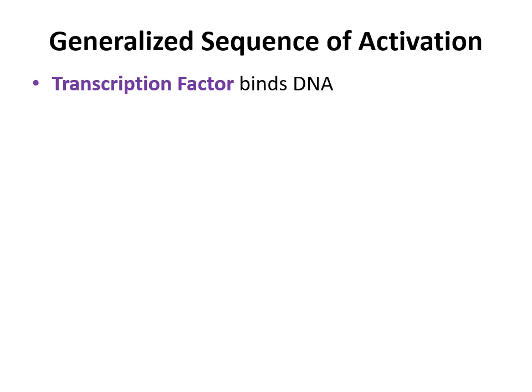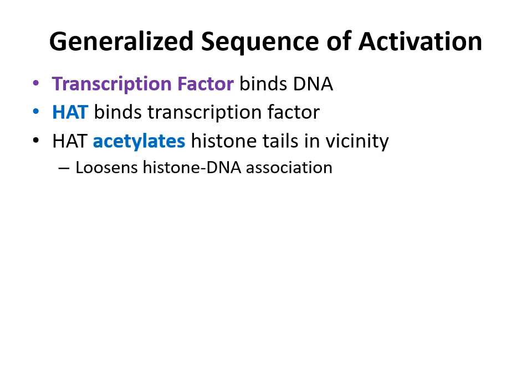The reason that is, keep in mind, eukaryotes don't have the sigma subunit of their polymerase, so they can't see the promoter without some help, and the transcription factors are their help to see and ultimately bind to the promoter. Okay? Now, in addition to the transcription factors binding DNA, the HAT, the histone acetyltransferases, then bind the transcription factors, and that brings them close to the DNA and the chromatin complex.